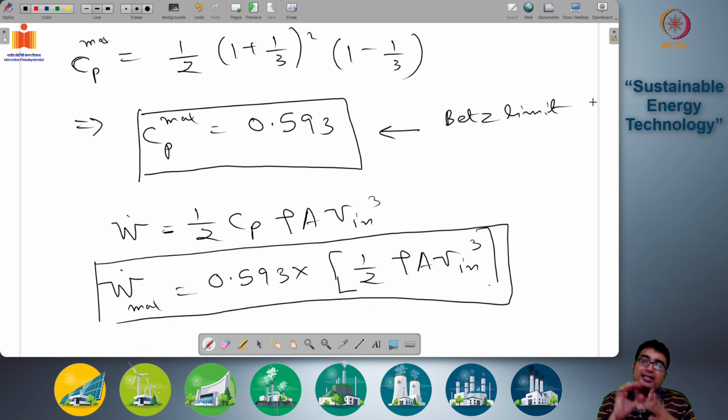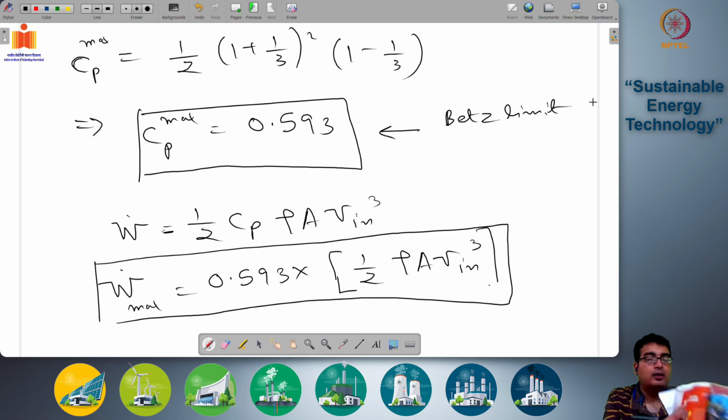Okay, it's not 100%, it's 59%. That's the maximum limit for ideal frictionless flows. There are other inefficiencies associated with frictional losses, motor losses, wind turbine blade friction losses, etc. So ignoring all of that, the maximum limit you can hit is the Betz limit, which is 59%.